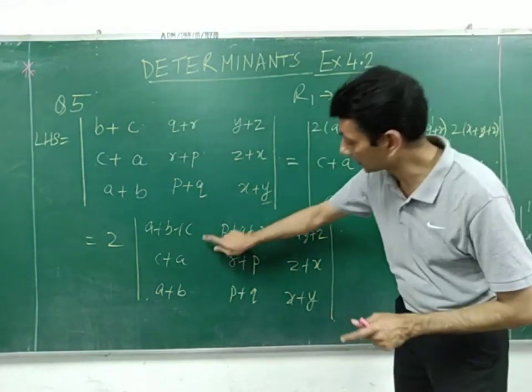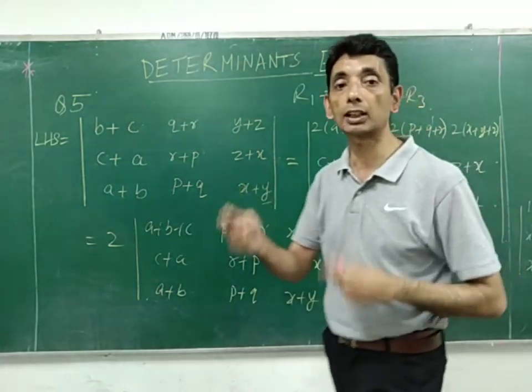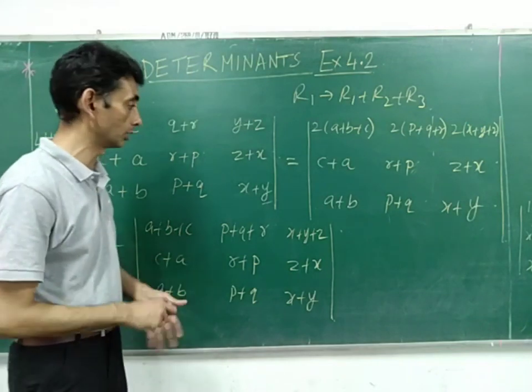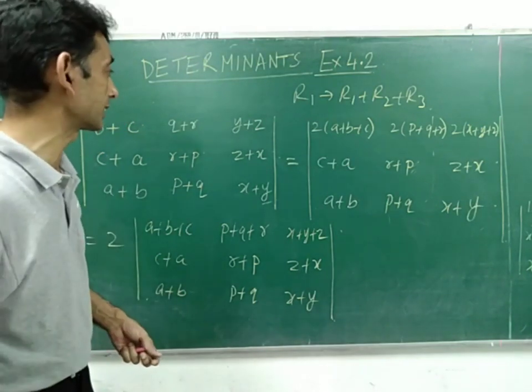In the first row, instead of binomial, we have converted to trinomial. This will definitely help us a lot. Let's go ahead to the next step.